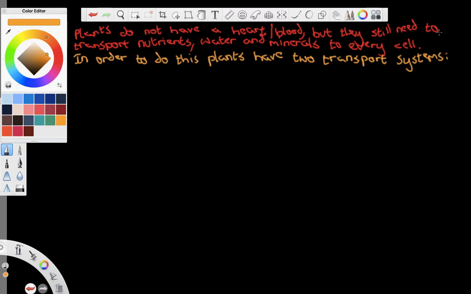Okay? The first transport system that we need to talk about is what's known as the xylem. The xylem. Z-Y-L-E-M. Xylem. Now, the xylem can be defined as cells specialised for transporting water through a plant.